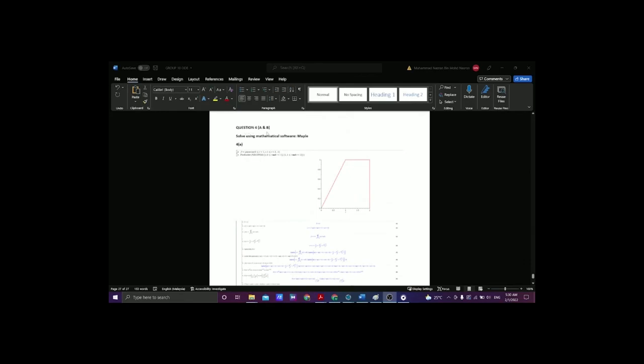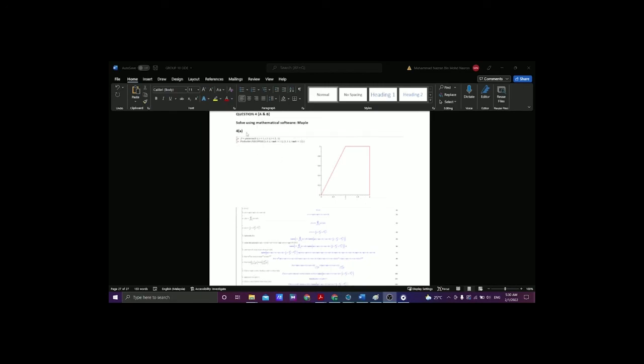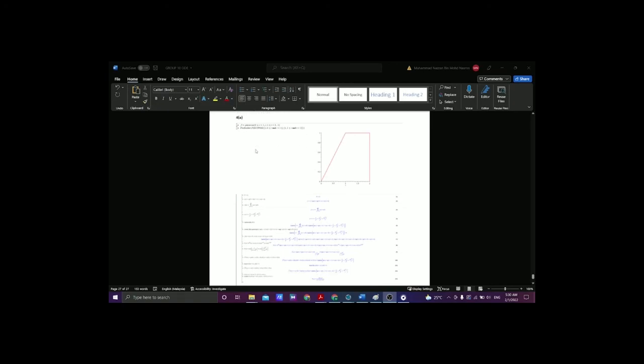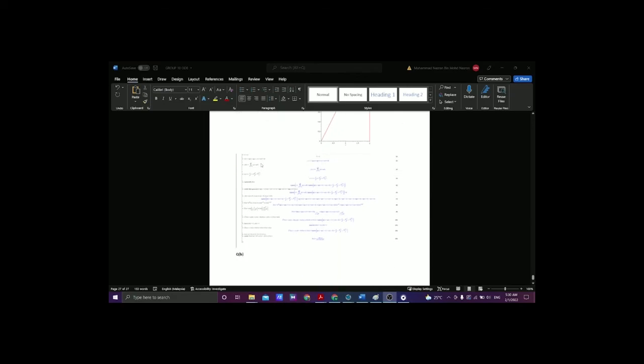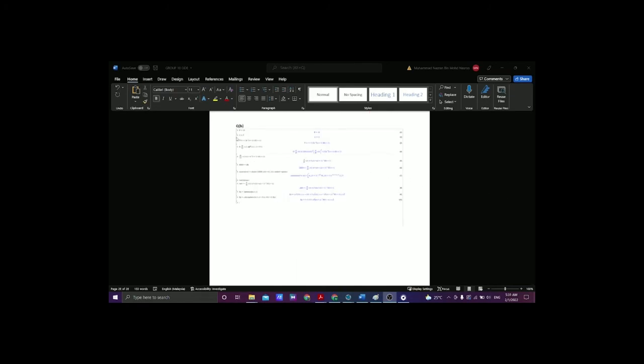For questions A and B, we are using the mathematical software Maple to determine the plot of the graph of the piecewise function from question 4A1. And then we calculate for question 4B.